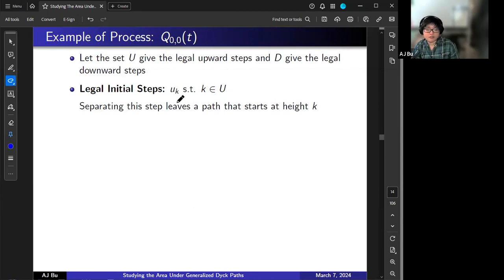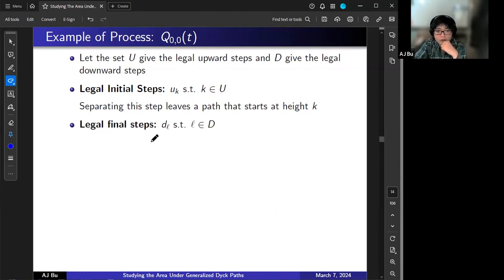And then if we were to remove that first step, what we're left with from our overall path is a path that starts at height K, because that U sub K is going to take us up to height K. So once we take that away, we're starting at that height. And then the legal final steps are going to be D sub L, such that L is in D, in other words, all of the possible downward steps.